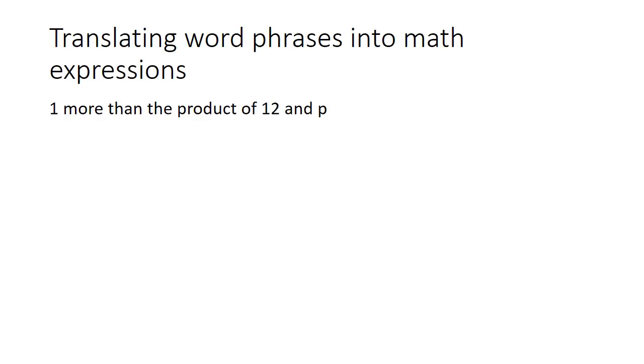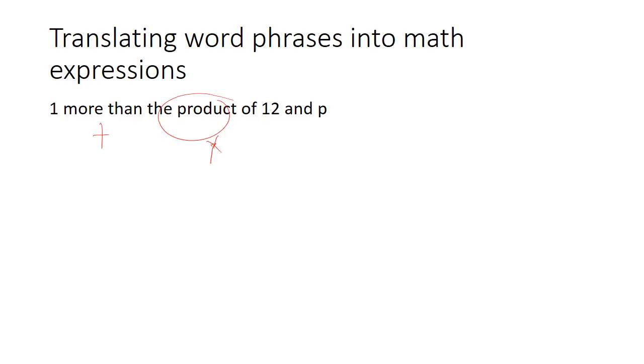Let's try one more than the product of 12 and P. Give you a hint, this one has 2 operations in it. So more than is going to be a plus, and the product means we're going to have a multiplication in it.